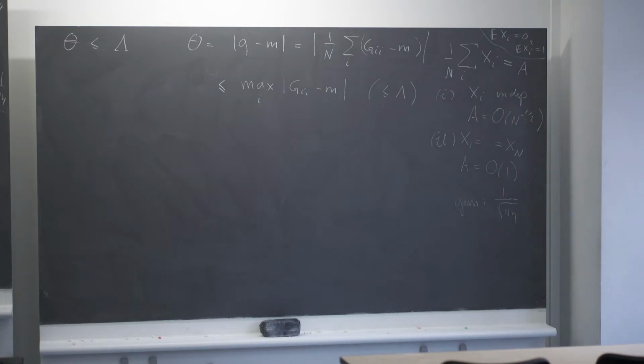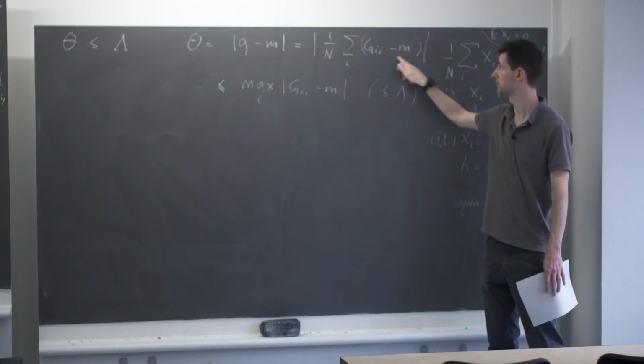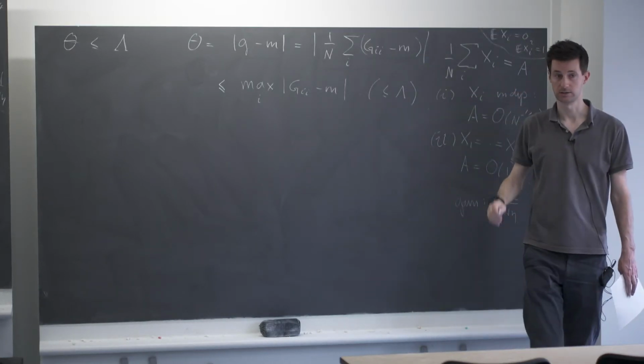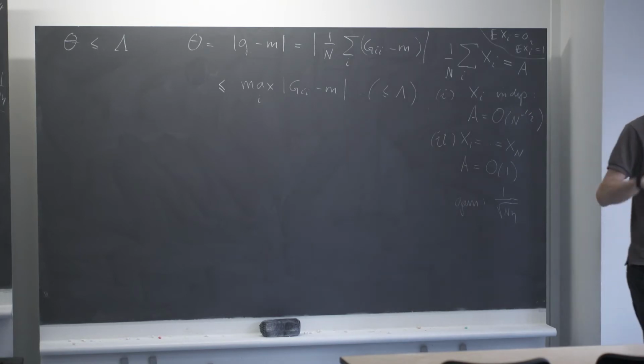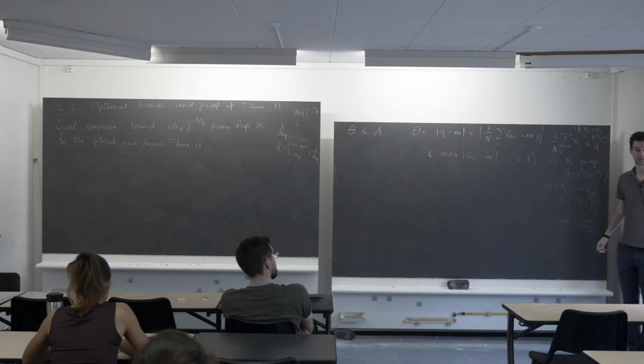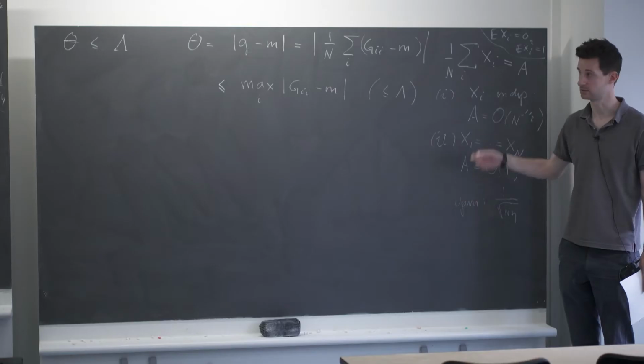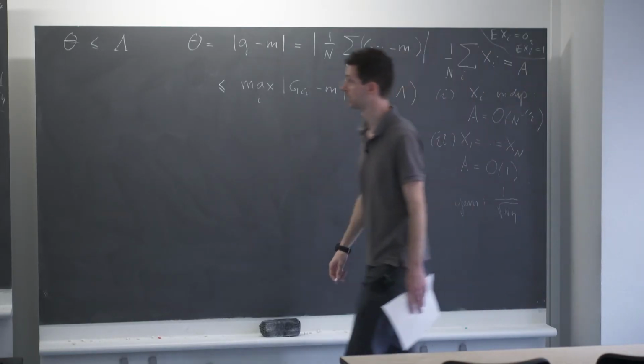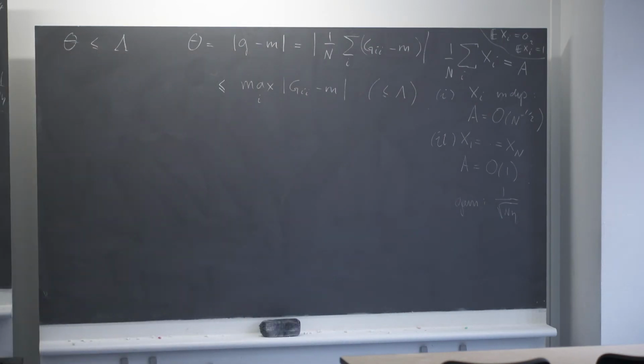So this shows with this philosophy that if eta is of order 1, so if you're on global scales, then these guys behave like independent random variables. And if eta is of order 1 over n, so you are on the microscopic scales, then they behave as if they were fully dependent. That's roughly the philosophy, and this mechanism is something we would like to understand. And this mechanism is necessary to obtain these kinds of sharp bounds here.